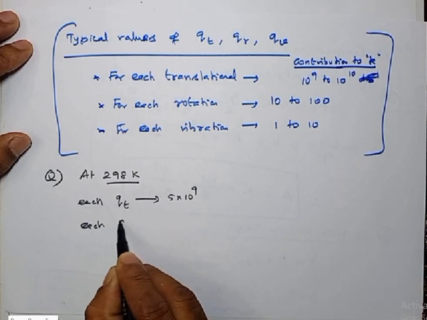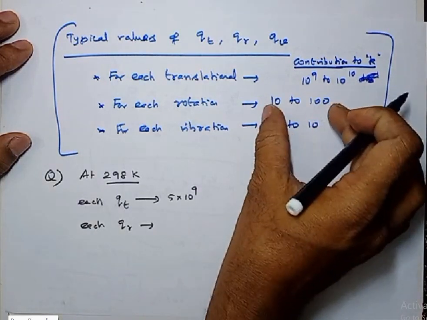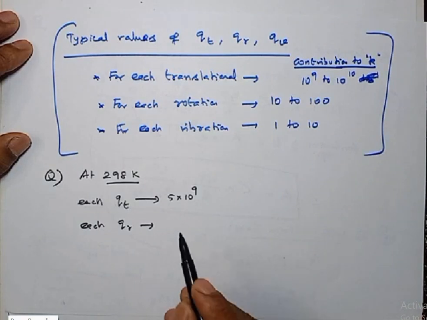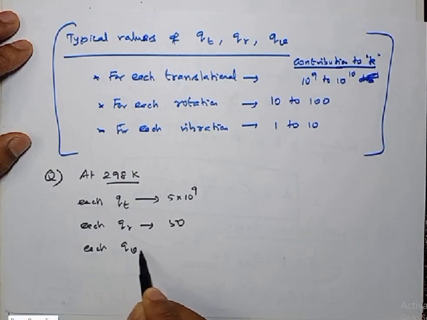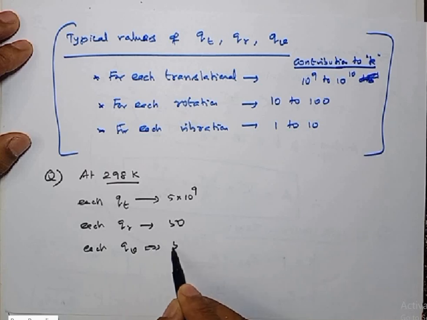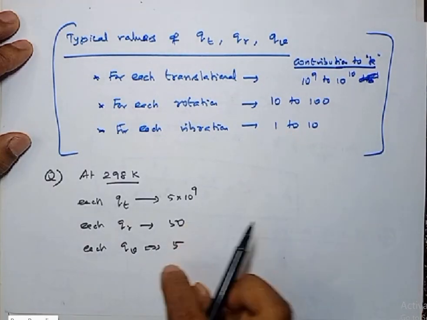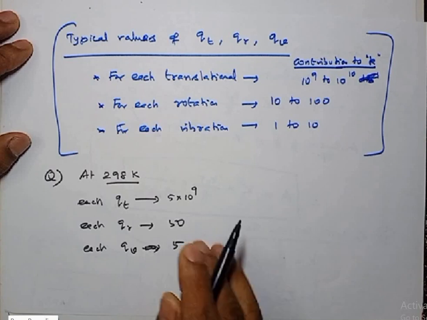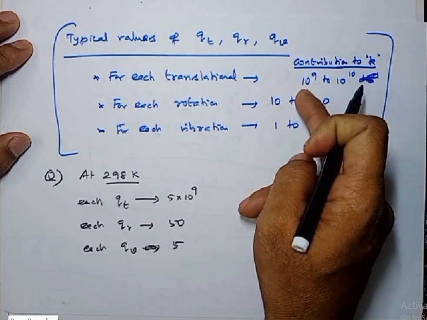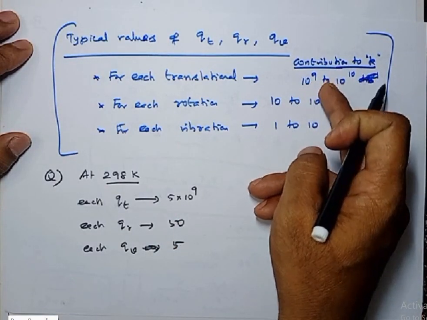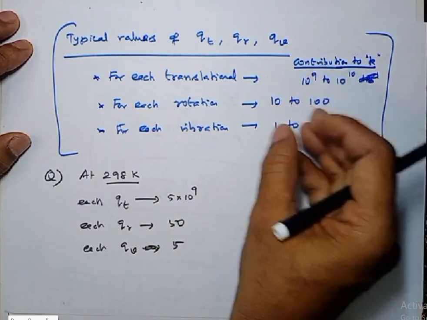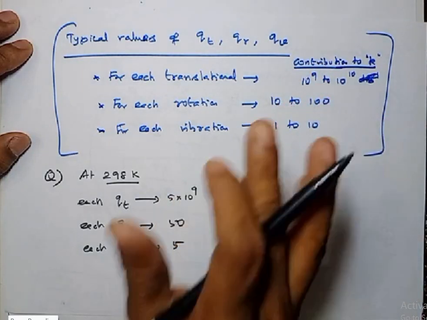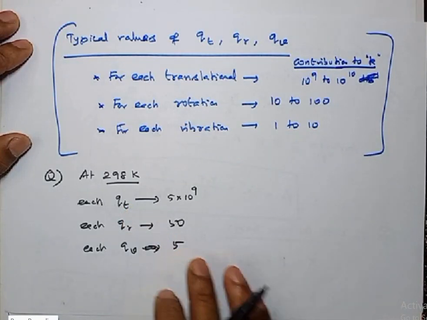Each rotation I'll take as 50, in the range 10 to 100, and each vibration I'll take as 5. I'm just taking the middle values.